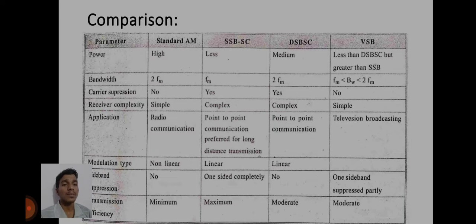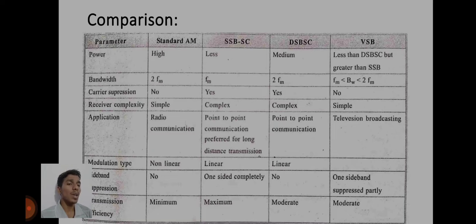Modulation type. In standard AM it is non-linear, and in SSBSC and DSBSC it is linear. Sideband suppression. In standard AM no sideband is suppressed. In SSBSC one sideband is completely suppressed, and in DSBSC only the carrier is suppressed and the sidebands are transmitted, so no sidebands are suppressed in DSBSC.